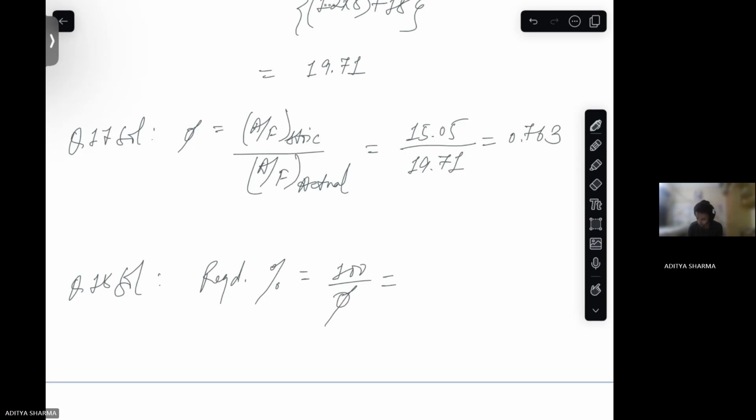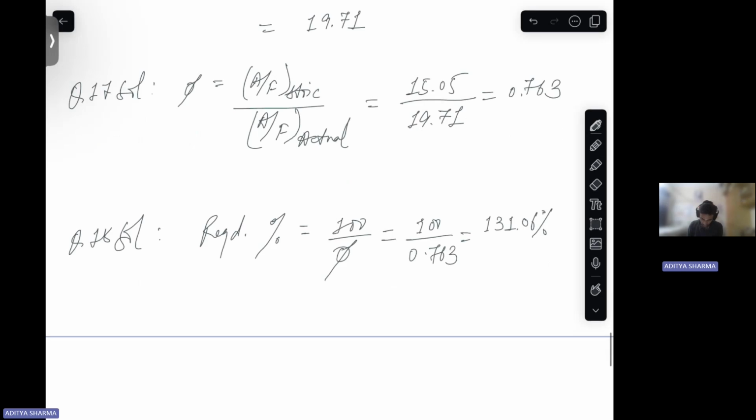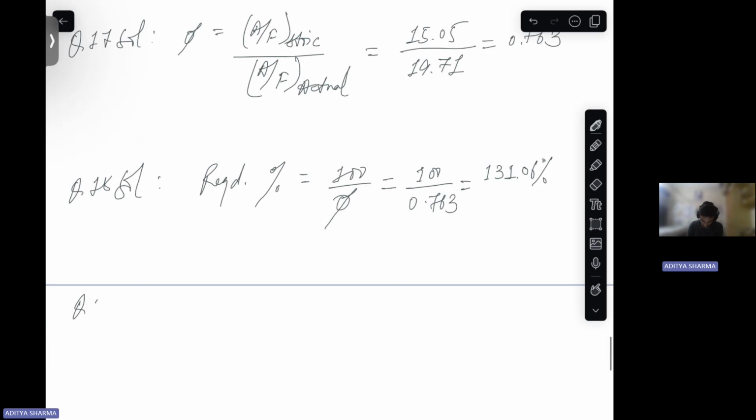So if we solve this, this will come out to be 131.06%. Okay. All right. So this was your question number 18. Now moving on to question number 19, solution.